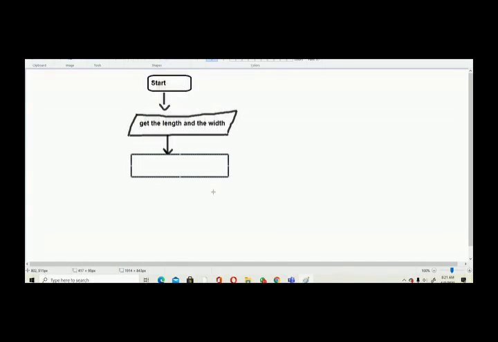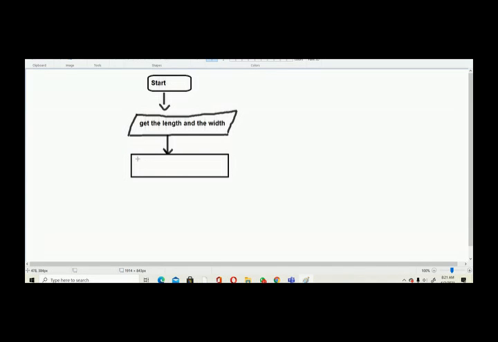So if this is your rectangle, when you want to find the perimeter, you have to add all these parts, I mean length and width, right? You have to add them together.